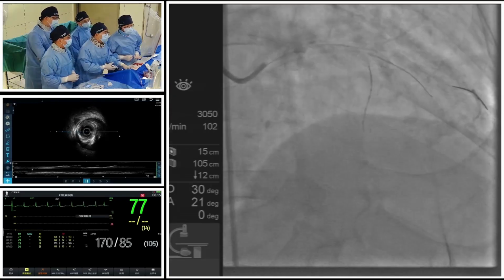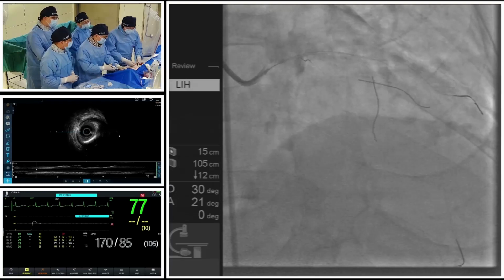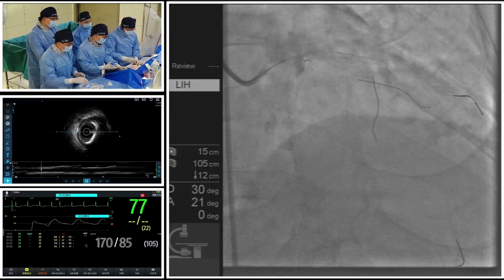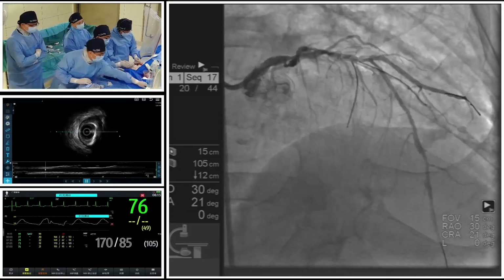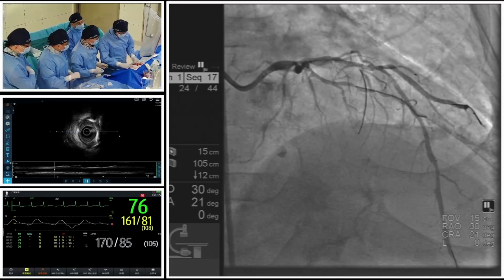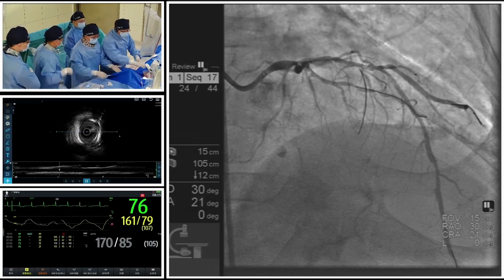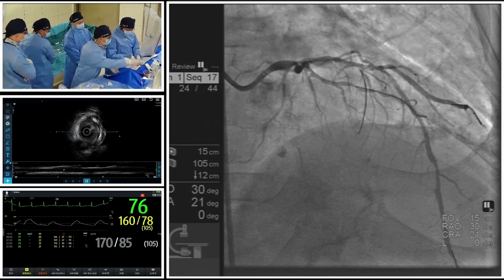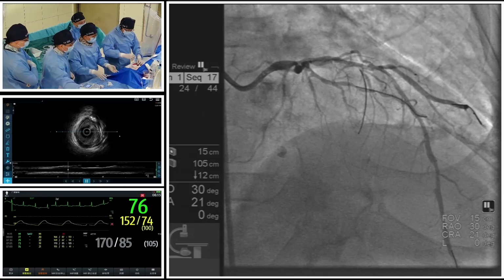If we use traditional balloon-based plaque modification strategies, there is a high likelihood of causing severe dissections, which cause intimal hematoma at the left main bifurcation site.